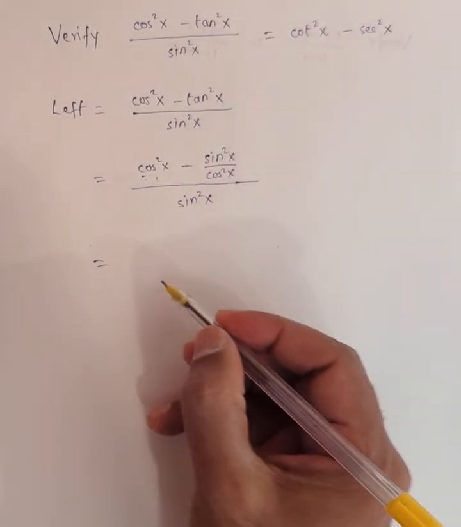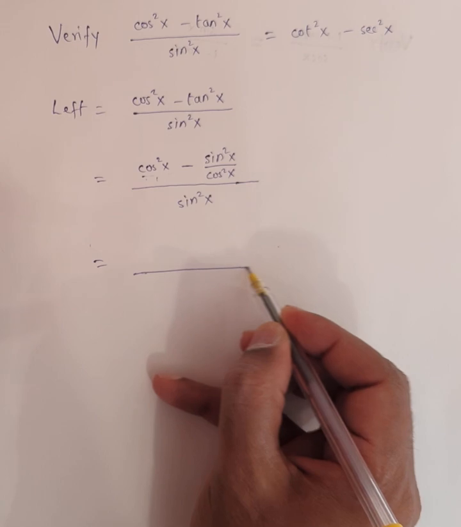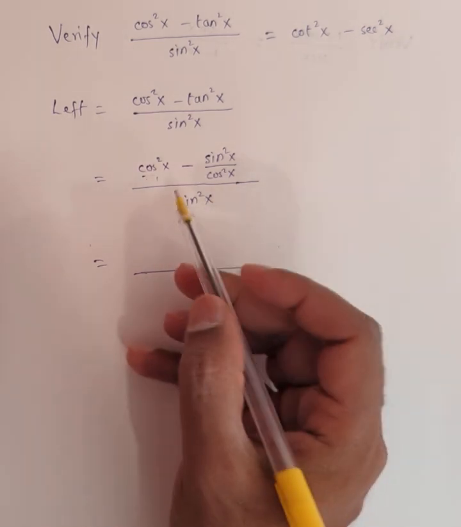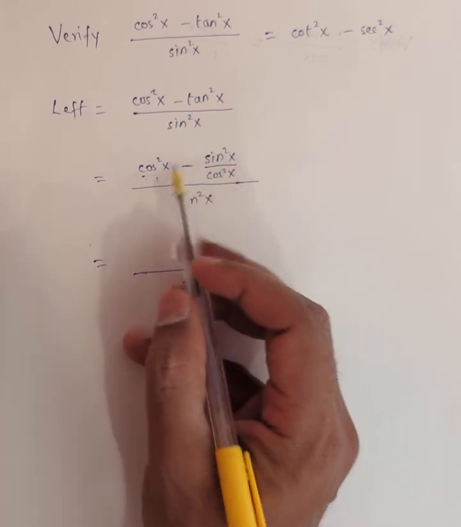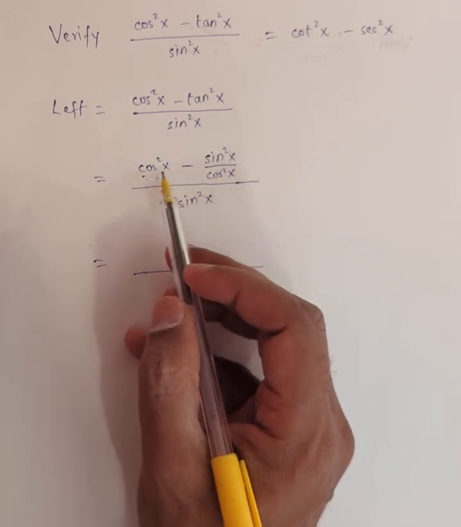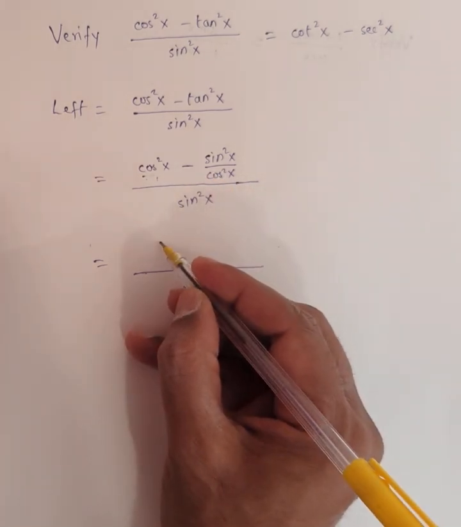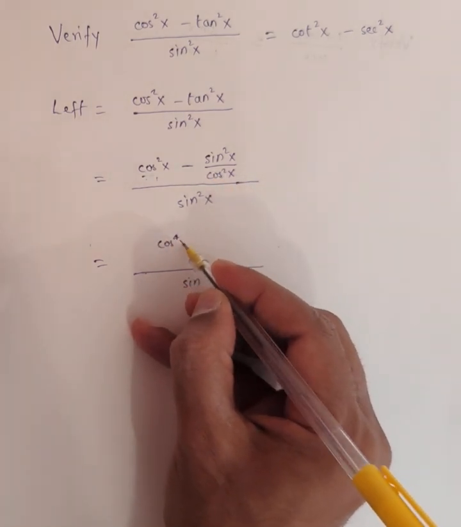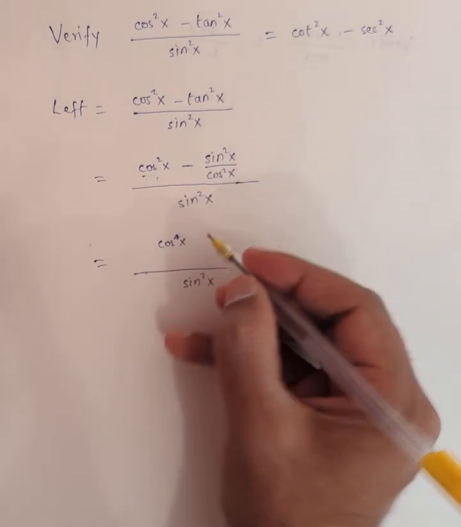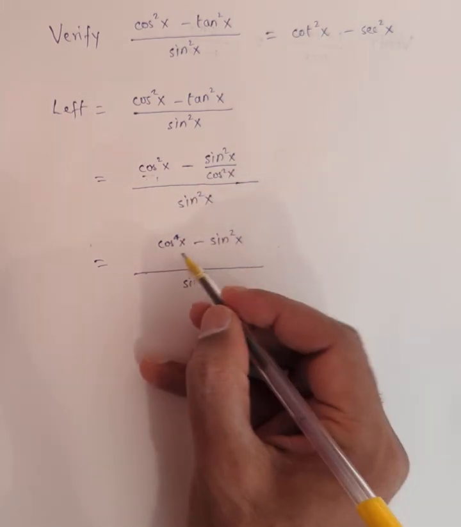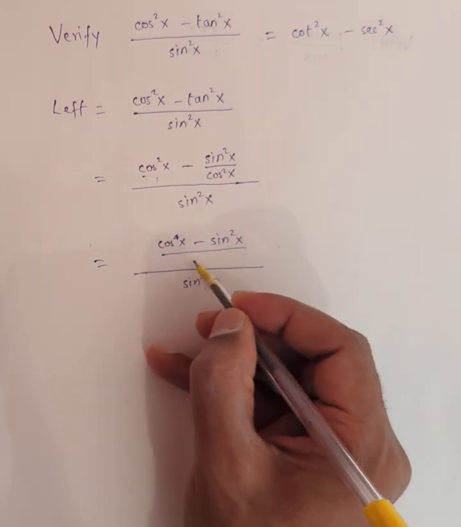So let's go ahead and work on the numerator. Now the denominator is just sine square x. And the numerator is subtraction of those fractions. So I'm going to take cos square x times cos square x, which is cos to the 4x, minus sine square x times 1, which is minus sine square x, divided by cos square x.